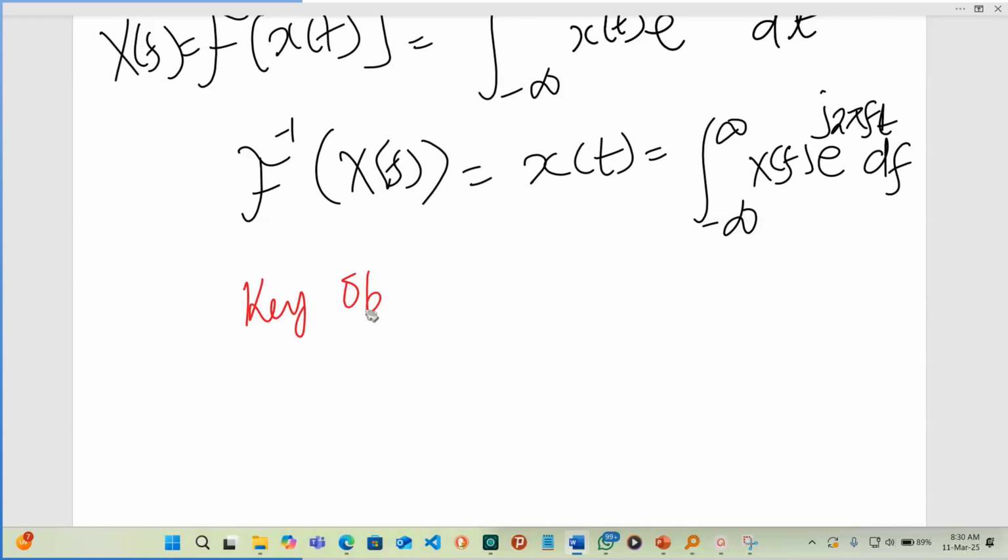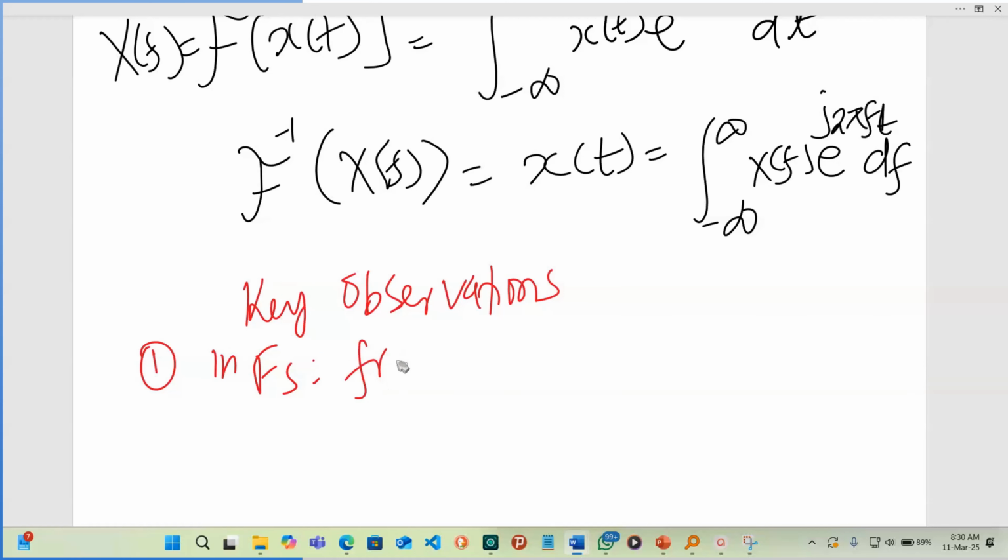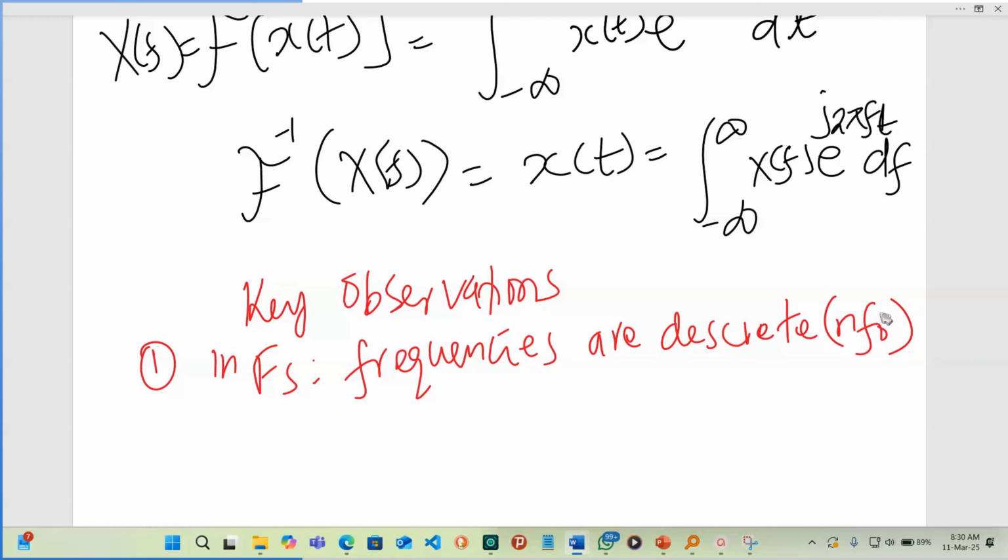So, key observations. One is that in the Fourier series, frequencies are discrete, that is n f naught, because at a different value of n we have a different value of n f naught, that is frequency. So that means the frequencies are going to be discrete, while in Fourier transforms, the frequencies are continuous.